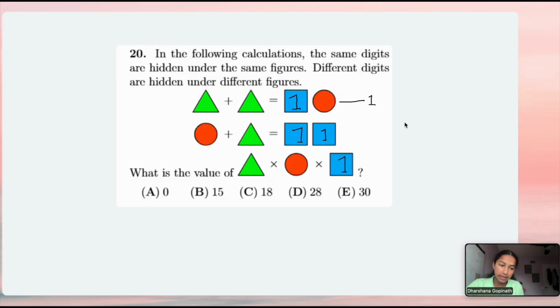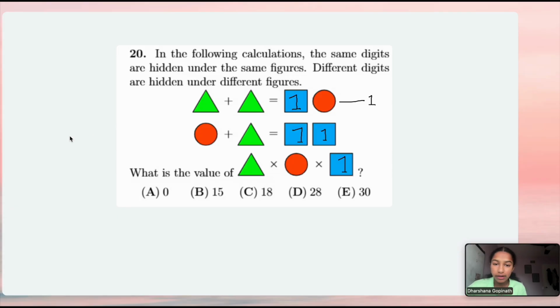So that means the first equation has to equal at least 12. So let's try if we did 6 in the triangles, then circle would have to be 5 to make this one true, but 6 plus 6 isn't 15. So we have to try something else.